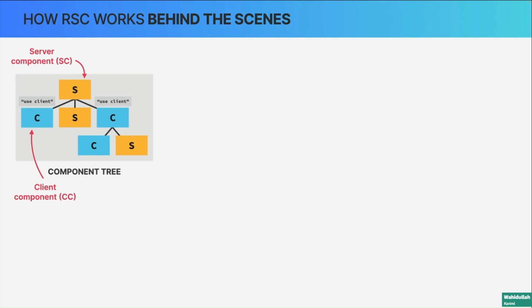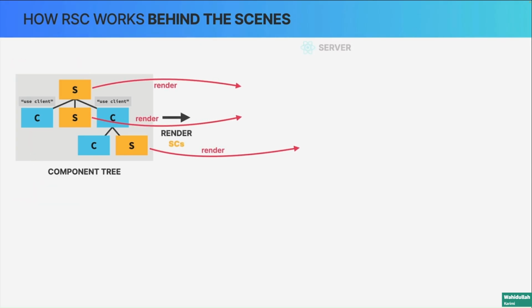Now, the idea of this slide is to learn how and where server and client component instances are rendered step by step. So when React encounters a tree like this, the first thing that's gonna happen is that all server components are rendered, of course, on the server.